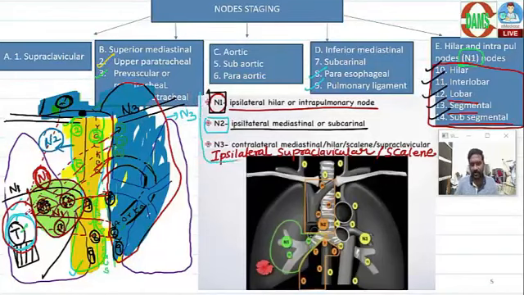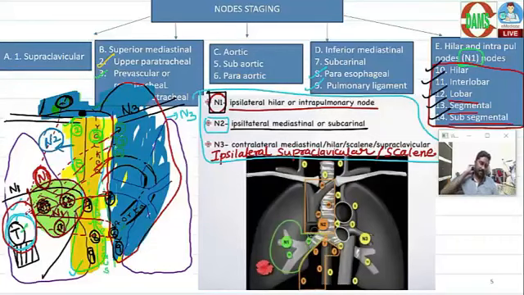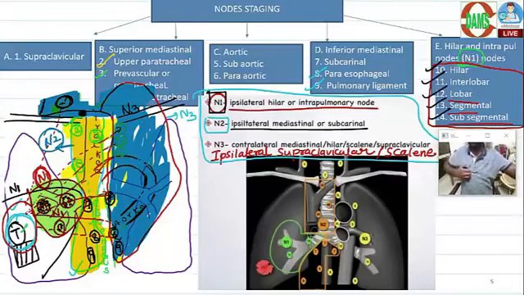No need to remember all the categories of lymph nodes. Just know what is N1. N1 means involvement of lymph nodes in the substance of the lung, so hilar intrapulmonary lymph nodes. If the tumor is somewhere here and only these lymph nodes are involved, this is N1. If the tumor is here and the same side mediastinal subcarinal lymph nodes are involved, it is N2.